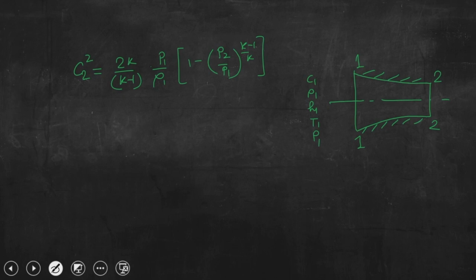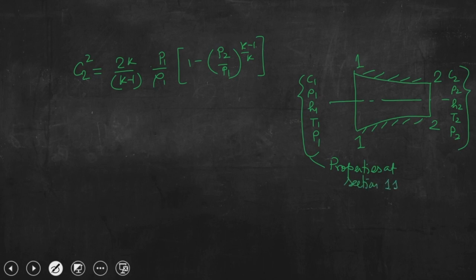Similarly, properties at section 2 are C2, rho 2, H2, T2 and P2. So, these are the properties at section 1, right.